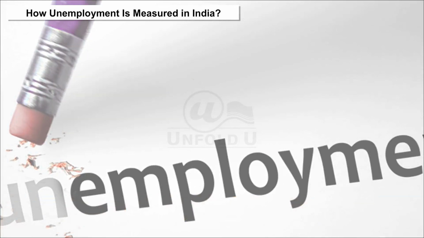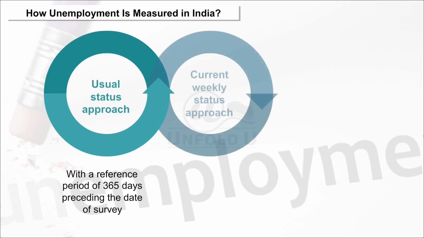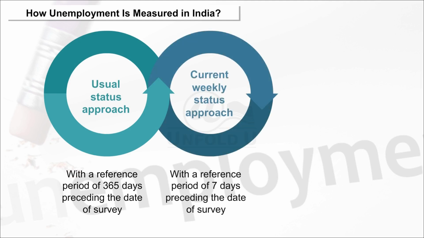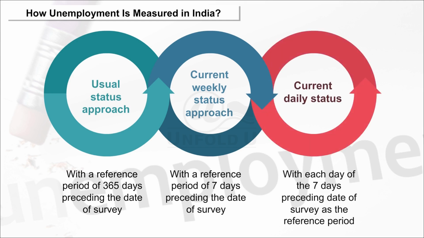These are the usual status approach, with a reference period of 365 days preceding the date of survey; the current weekly status approach, with a reference period of 7 days preceding the date of survey; and the current daily status, with each day of the 7 days preceding the date of survey as the reference period.